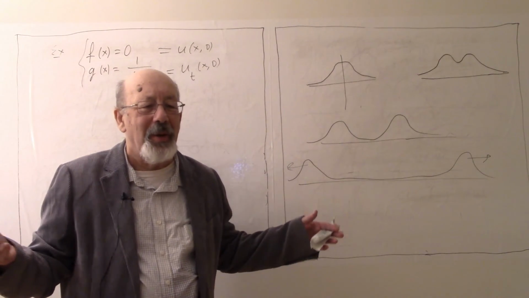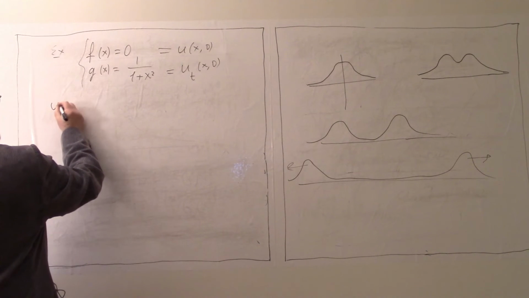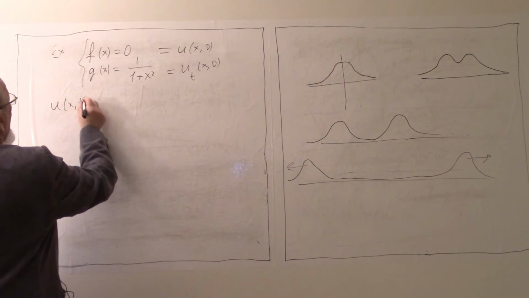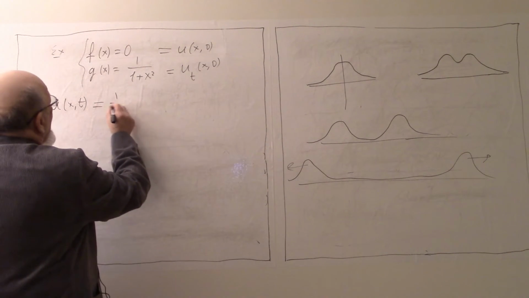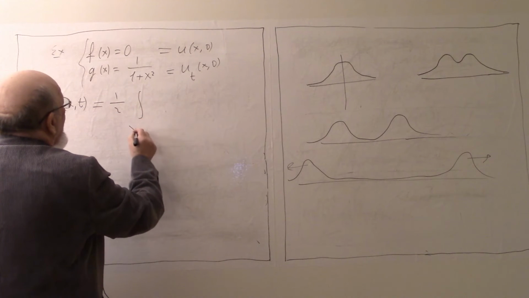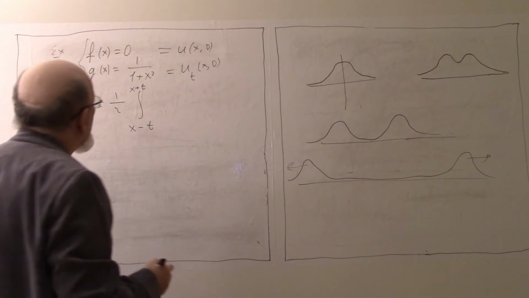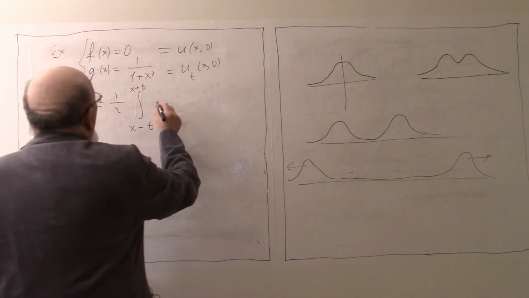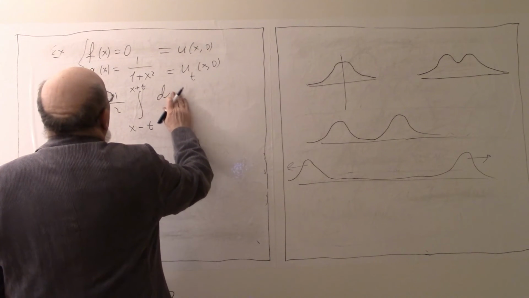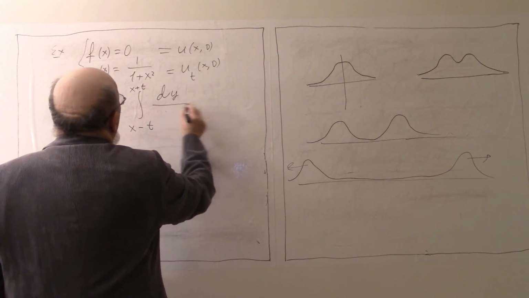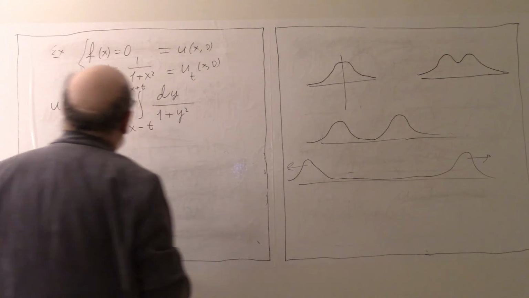and something starts happening. So in this case, u(x,t), let us apply our formula, equals 1/2 integral from x minus t to x plus t of dy divided by 1 plus y squared.